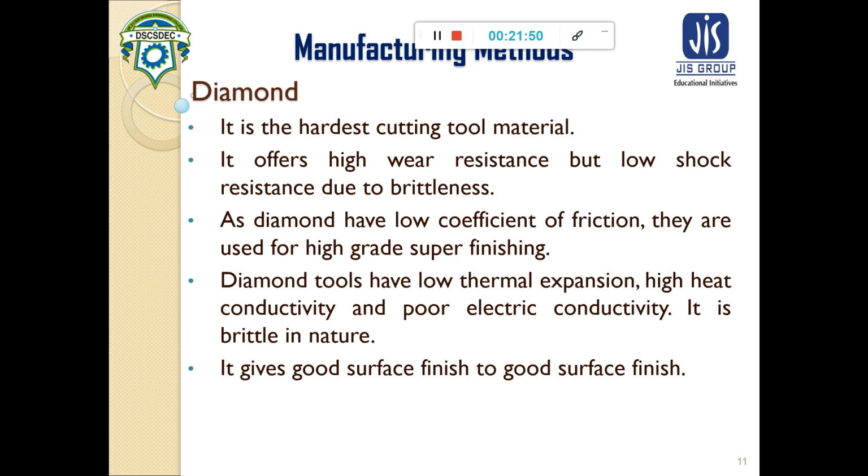Diamond has a low coefficient of friction, so it can be used for high grade super finishing. Super finishing operation can only be done by using diamond, and diamond tools have low thermal expansion, high heat conductivity, poor electric conductivity, and are brittle in nature. And this diamond tool gives good surface finish.